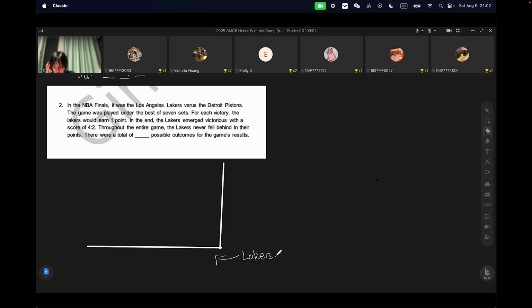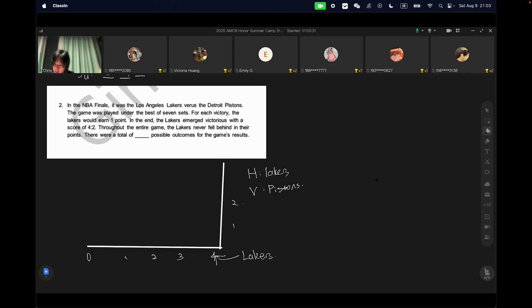So the horizontal segments represent the points scored by the Lakers, and the vertical line segments represent the points scored by the Pistons. So the Lakers have scored 0, 1, 2, 3, and 4. Then the Pistons will score 1 and 2.